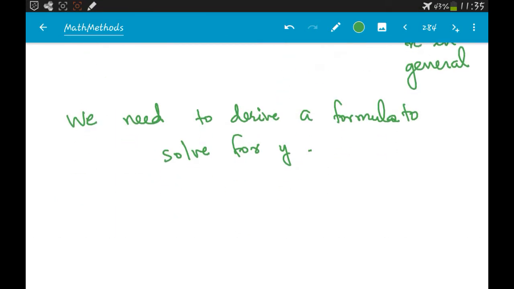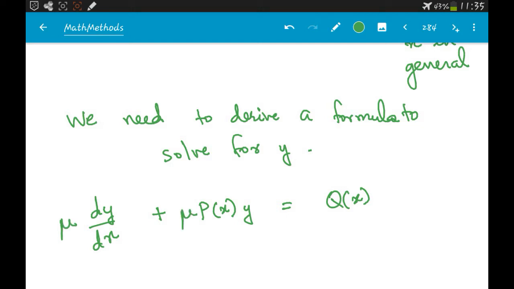First of all, the equation itself is of the form dy by dx plus p of x into y is equal to q of x. So this is your equation. Now what we'll do is we'll multiply this entire equation with a variable mu. So if we multiply all over, then every term is going to be multiplied by mu.